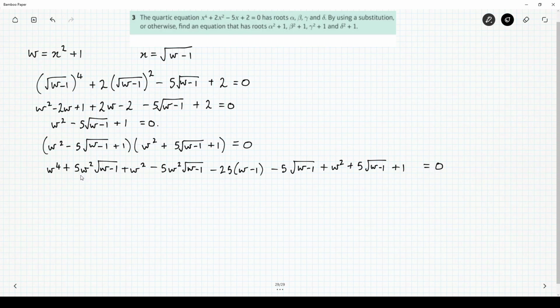Again, as you can see, then we've got this and this will cancel out, and this will cancel out, and then where we've done 5 root w minus 1 times 5 root w minus 1, we end up with just 25 times w minus 1.